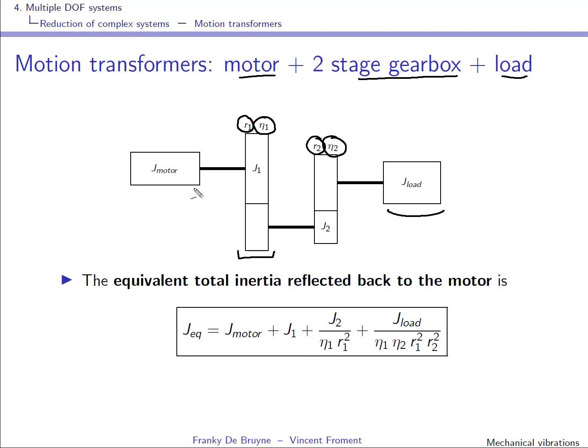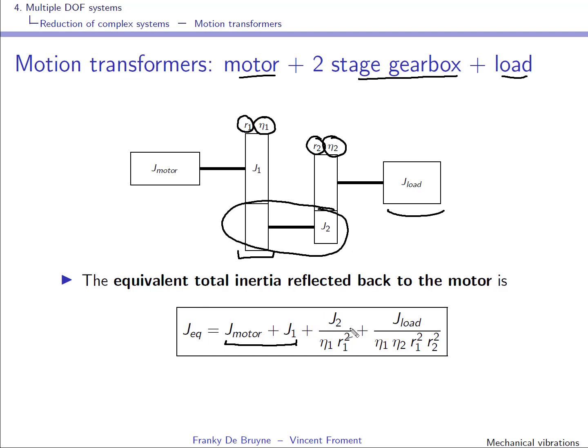Of course the inertia of the motor and this inertia J1 here are already defined with respect to this axis, so you'll find it just as it is. And so we have here a system that is around another axis, turning at another speed. So we have to reflect this inertia back to the first axis, the axis at the input.